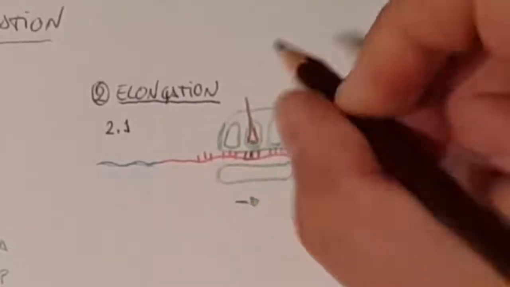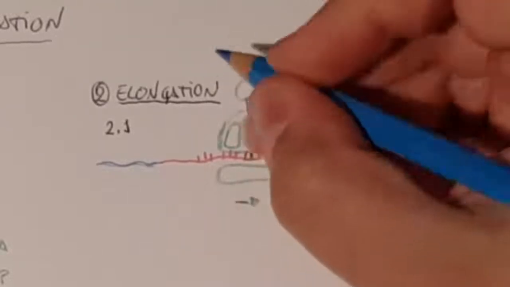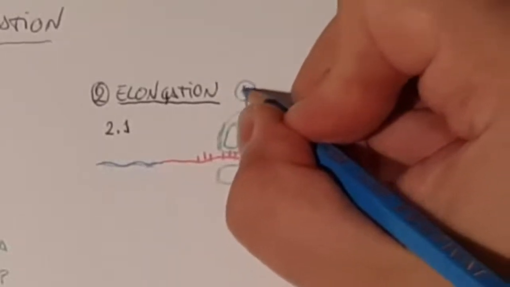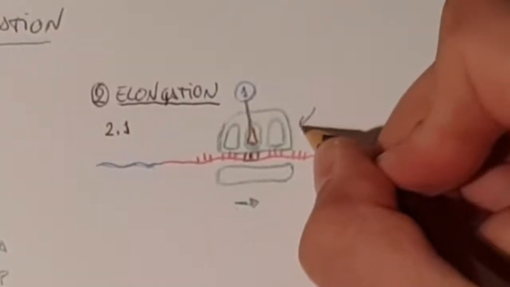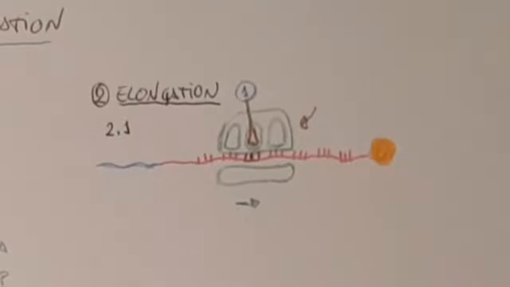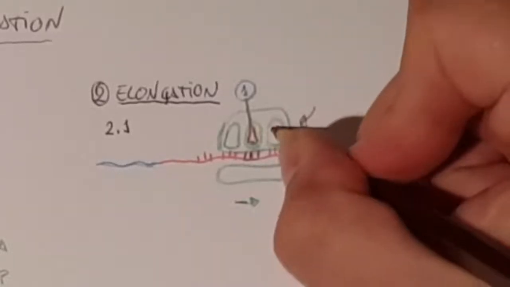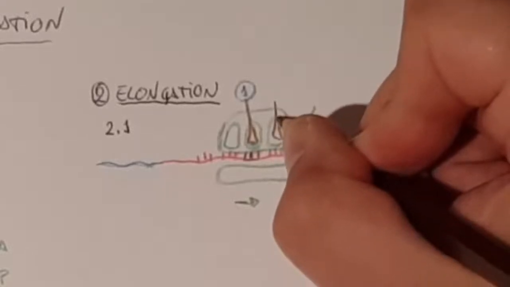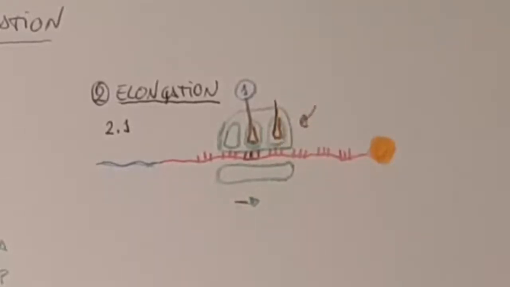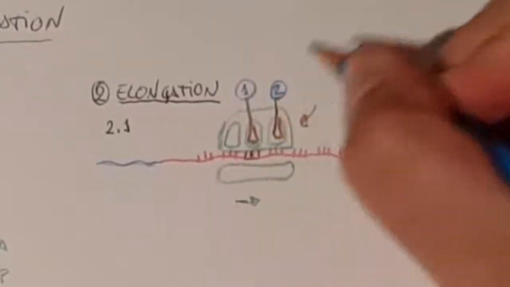Then another amino acid is going to come here, complementary to the codon that is now in the A site. It's going to enter, and this is going to be amino acid number 2.